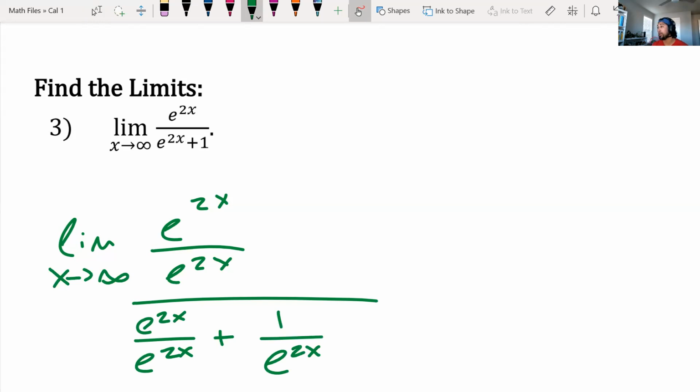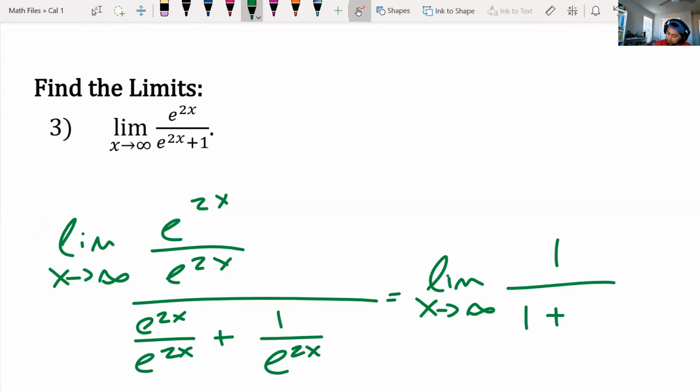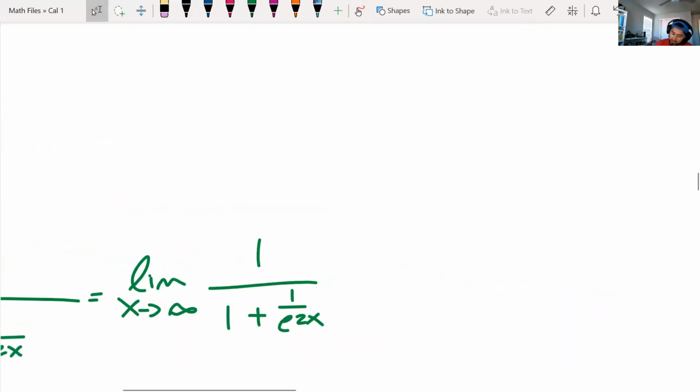Because again, this is a rational function, and limits at infinity look for horizontal asymptotes, right? This is why we get to use this power trick. And now we'll reduce, and I'll get 1 over 1 plus 1 over e to the 2x. And just like the other examples we've seen today, where is 1 over e to the 2x going? 0.